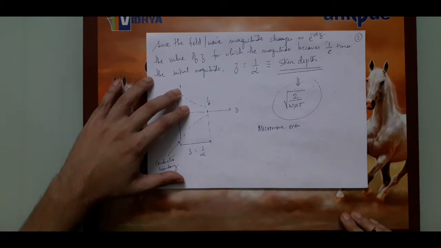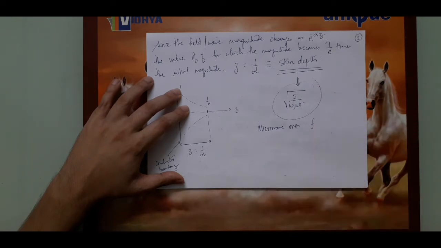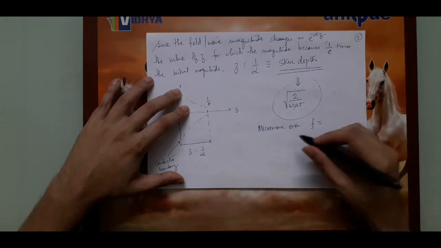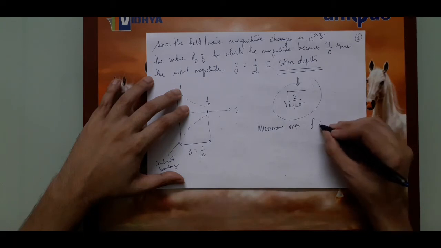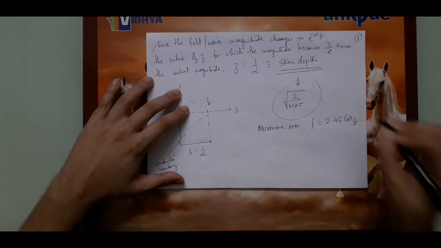The microwave oven works at a frequency. Microwave means it is also an electromagnetic wave which is used to heat up your food. The frequency at which your microwave oven works is about 2.45 gigahertz.